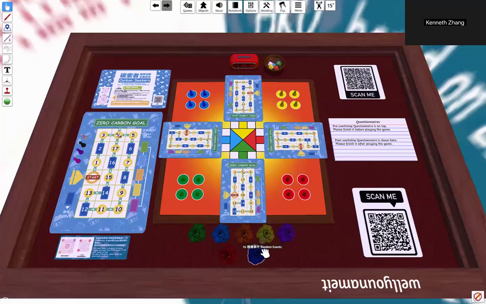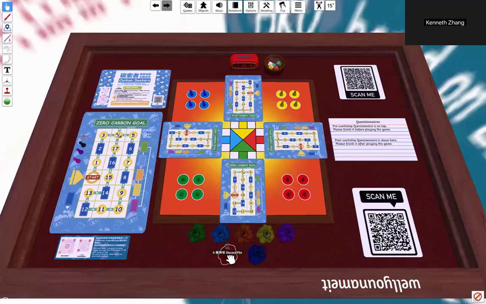And we also have random event cards. Each card describes any behavior that may affect a player's movement, such as moving forward or backward. Once you use up the card, you should drop it here in the discard pile.